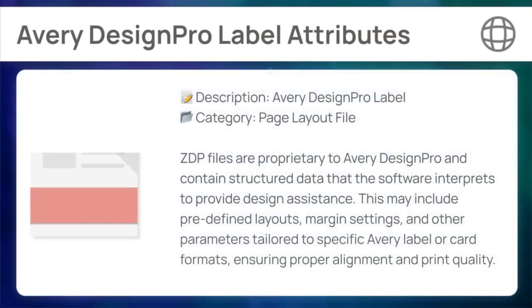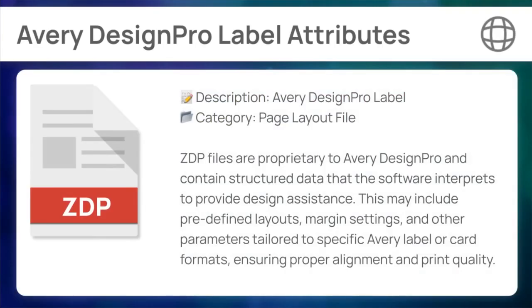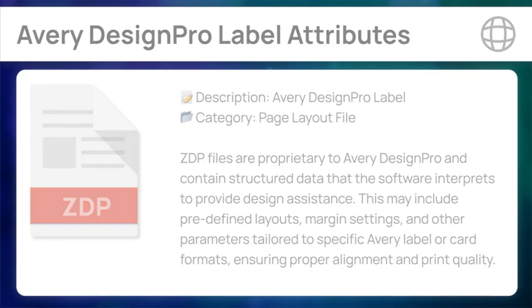ZDP files are proprietary to Avery DesignPro and contain structured data that the software interprets to provide design assistance. This may include predefined layouts, margin settings, and other parameters tailored to specific Avery label or card formats, ensuring proper alignment and print quality.